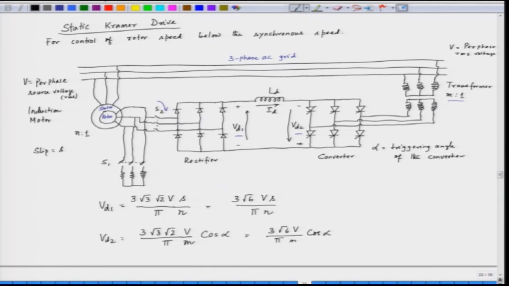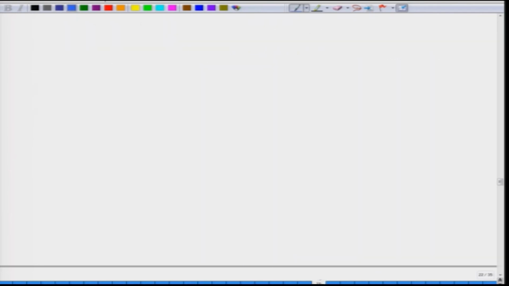Now, we can apply Kirchhoff's voltage equation in this loop. So, in this loop, if we apply KVL, we get the following equation. So, we can say that VD1 plus VD2 is going to be equal to 0 if the inductor drop is neglected, if the inductor is an ideal one.